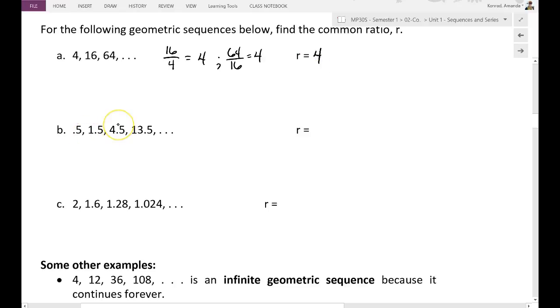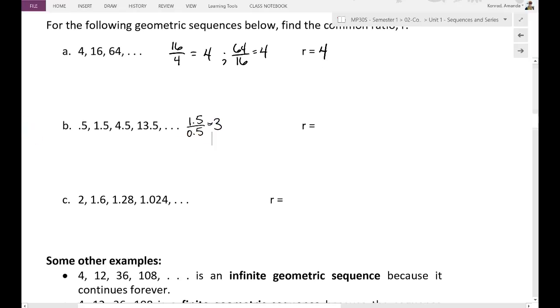For B, the exact same principle applies, except we're dealing with decimals, so it's a little bit less pretty, maybe a little bit harder to do mental math with. 1.5 divided by 0.5 is 3. 4.5, sorry guys, 4.5 divided by 1.5 is also 3.